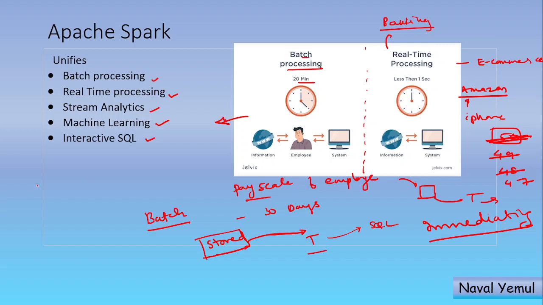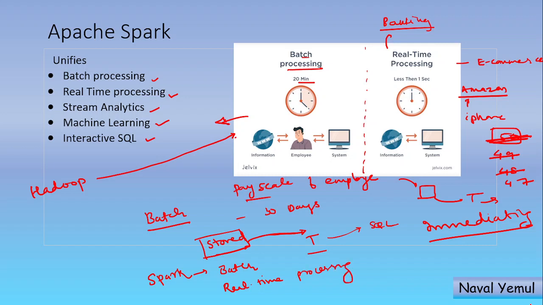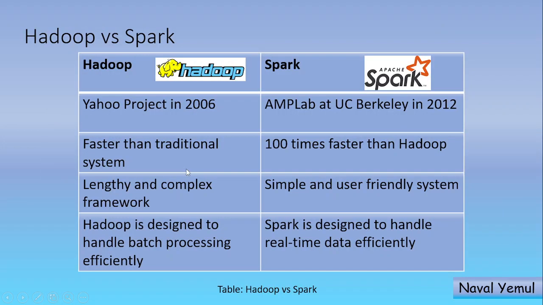When it comes to Hadoop, it supports only batch processing. Spark supports both batch processing as well as real-time processing. Because of this, Apache Spark has become so popular and so powerful. So let us move forward and see the difference between Hadoop and Spark.